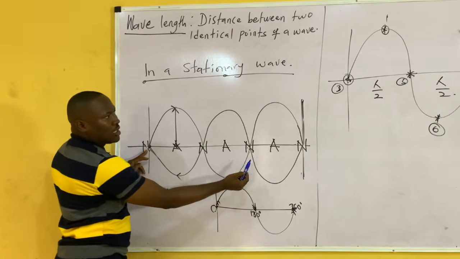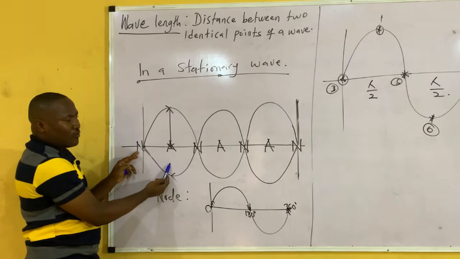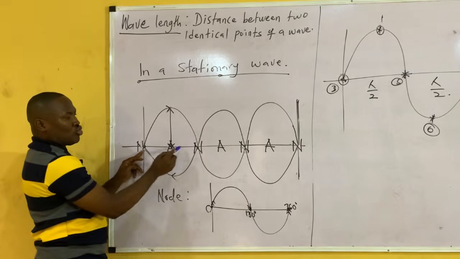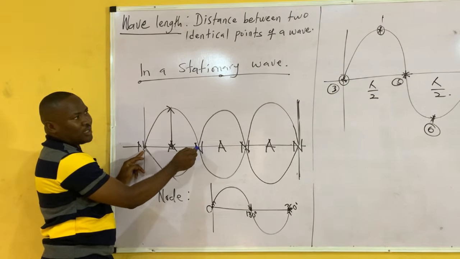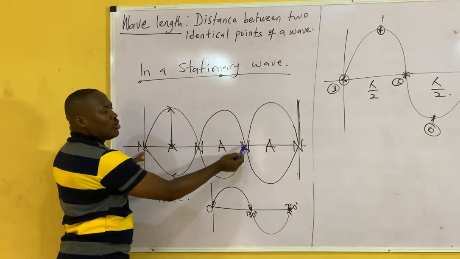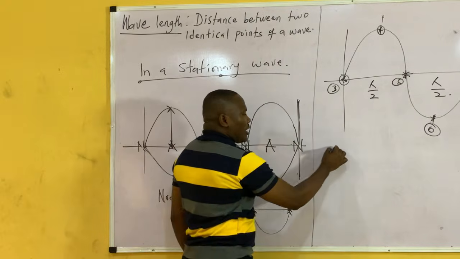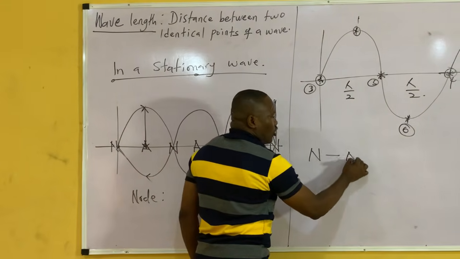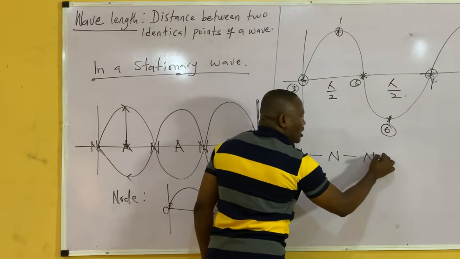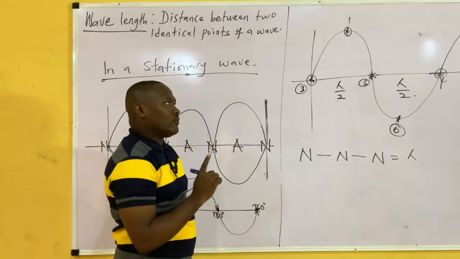I repeat again, if you look at that diagram over there and consider this diagram over here, you realize that node to adjacent node is not a complete circle. It's node to the next node but one that is a complete circle. So in calculating wavelength, we have a node to a node but one equals a complete circle, which is one wavelength.